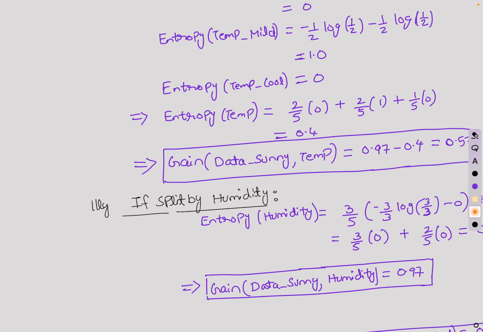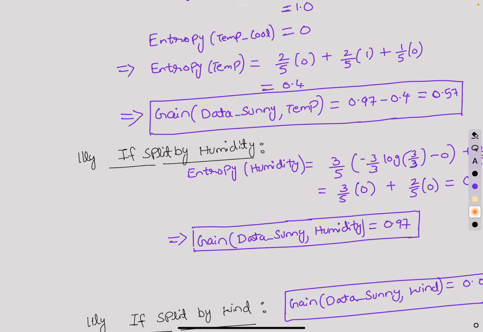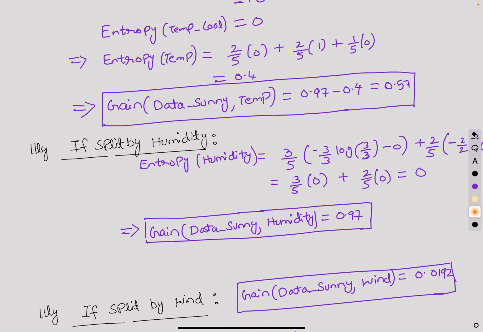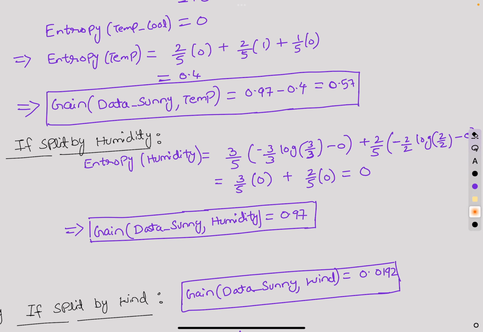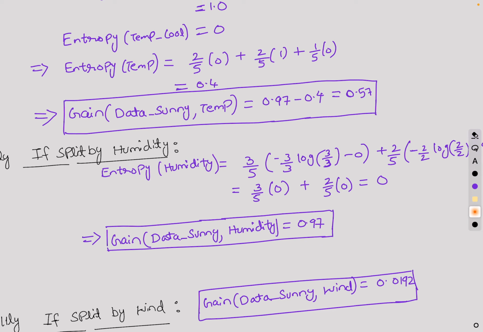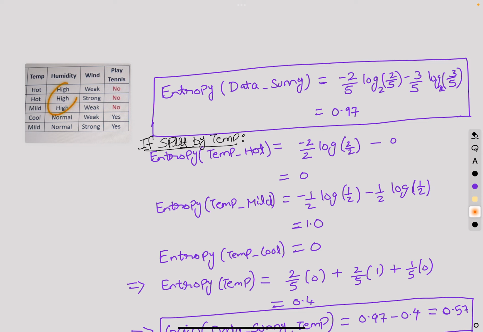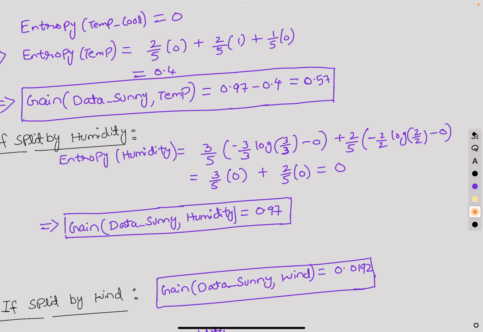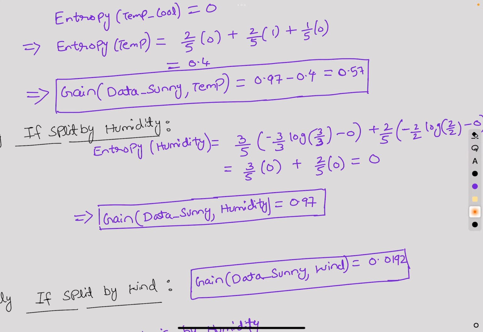Now let us say what if I split the data based on the humidity feature, and humidity has 2 categories, which are high and normal. So I will get 2 subsets, one belonging to normal and one belonging to high. Alright, so over here, as per the formula, when you apply the values, the information gain you will get is 0.97.